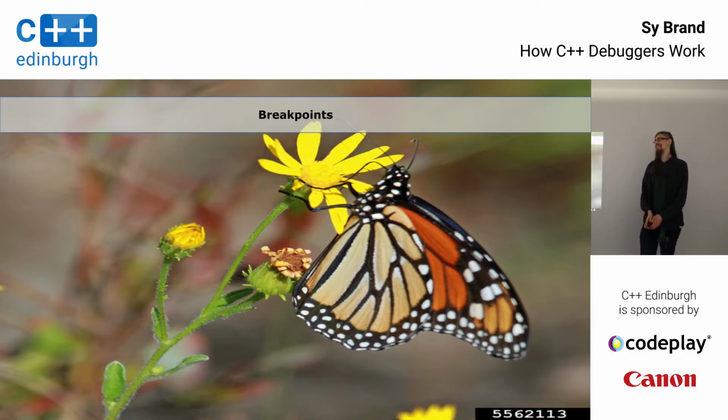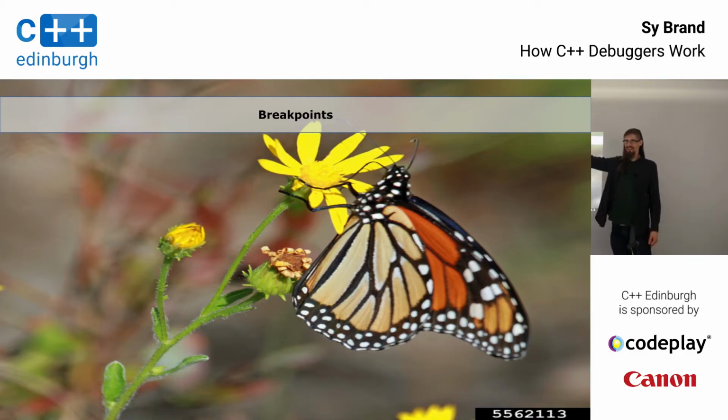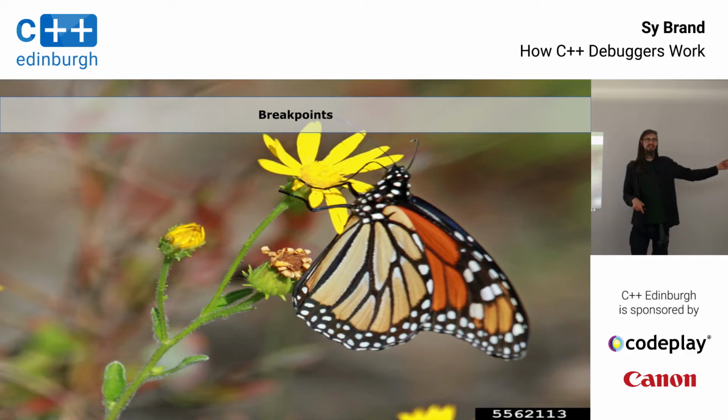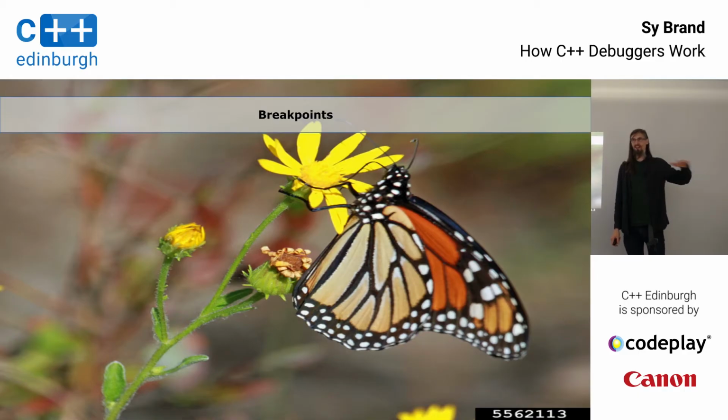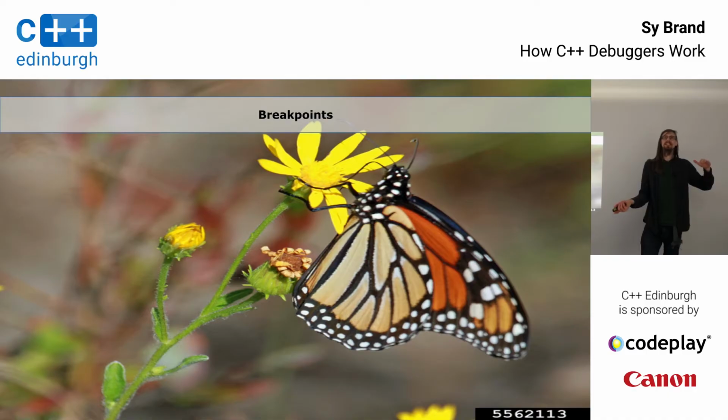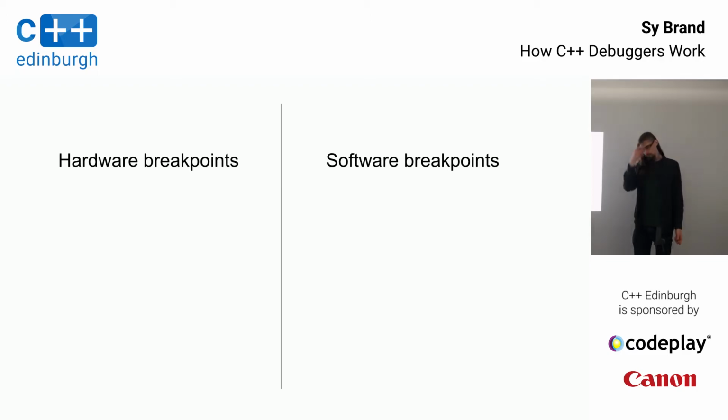You say, okay, I want to set a breakpoint on this line of my code or this function, and then through some magical machinery, your code stops and you can inspect what's going on, and you can continue, and you can step, and all this stuff. But breakpoints are kind of opaque because we don't really learn about them. But they're actually not so complicated.